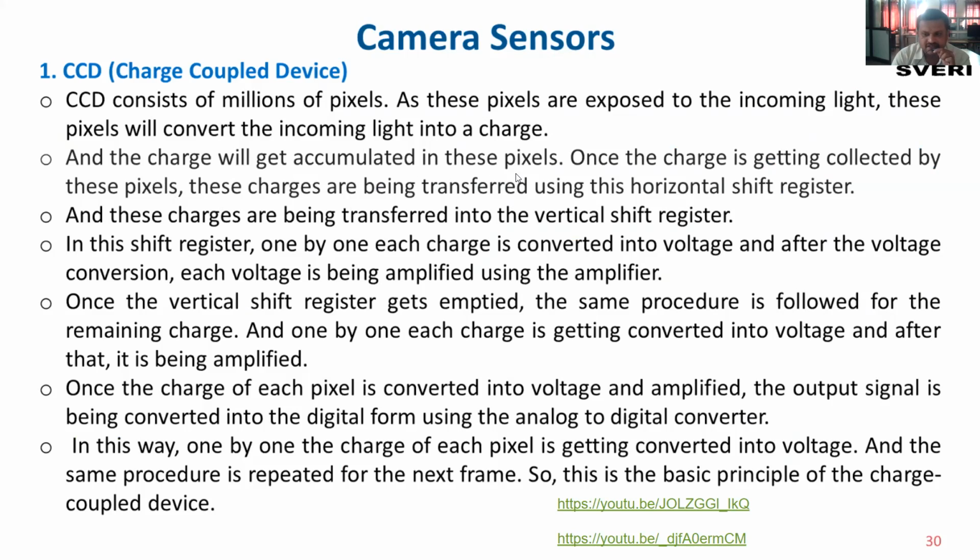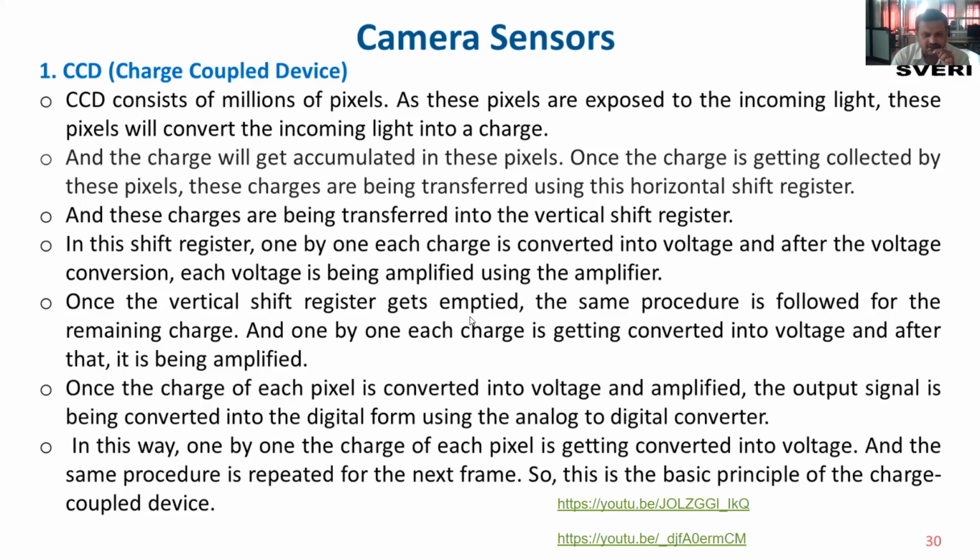Once the charge is collected, these charges are transferred using the horizontal shift register, and then into the vertical shift register. In this shift register, one by one, each charge is converted into voltage, and after the voltage conversion, each voltage is amplified using the amplifier.